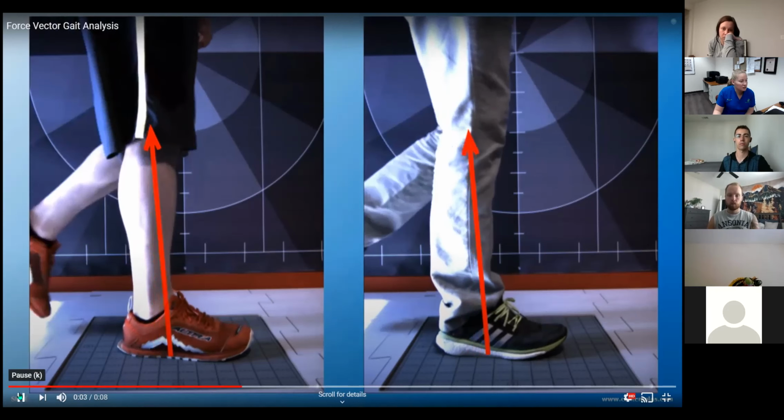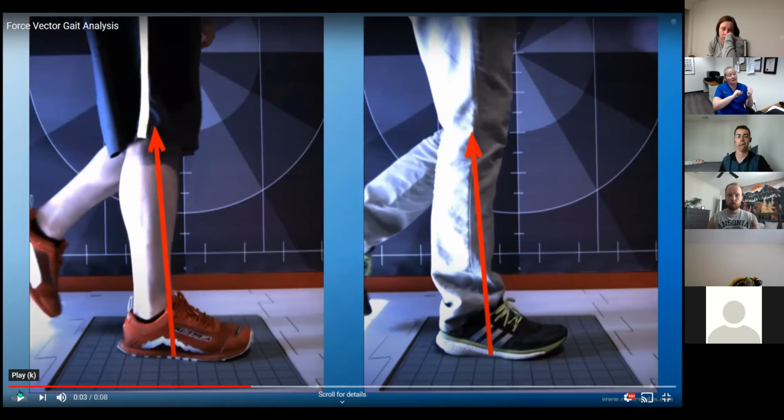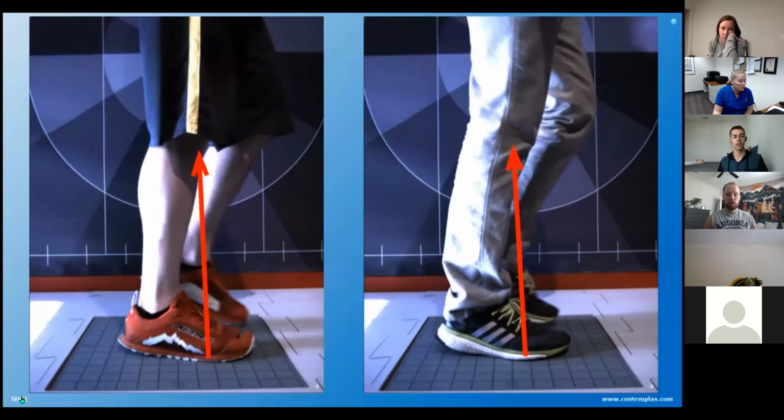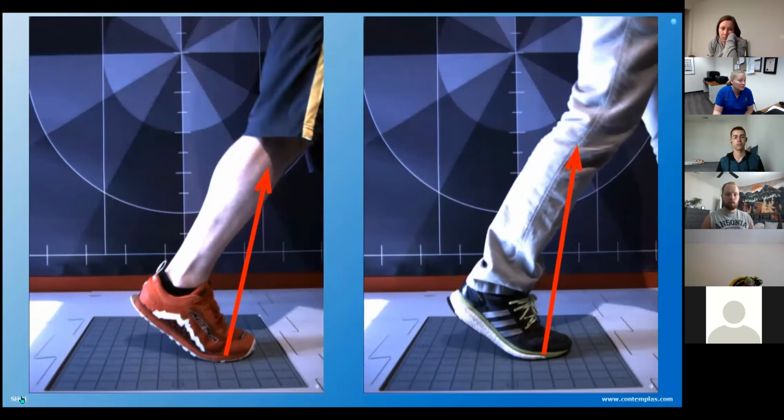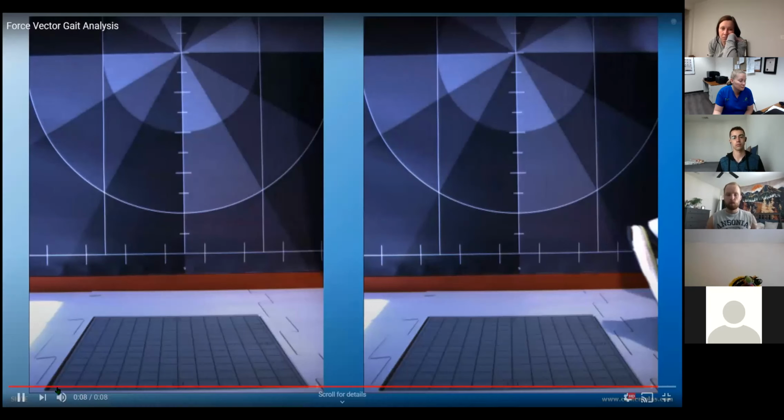And then as the patient's weight continues to move anterior with relation to the ankle, the ground reaction force vector is going to keep moving anteriorly until it decreases and then disappears.